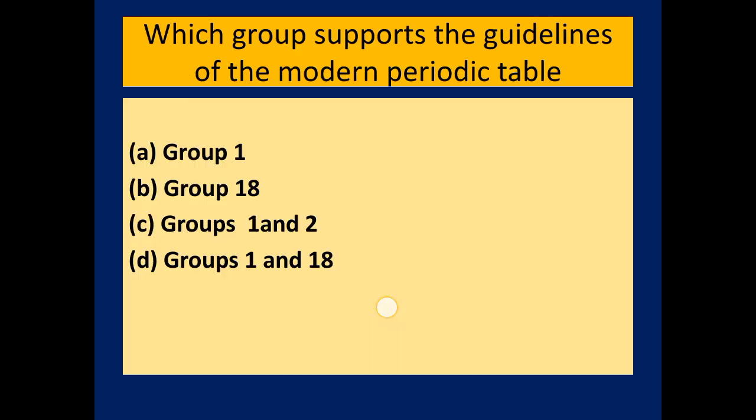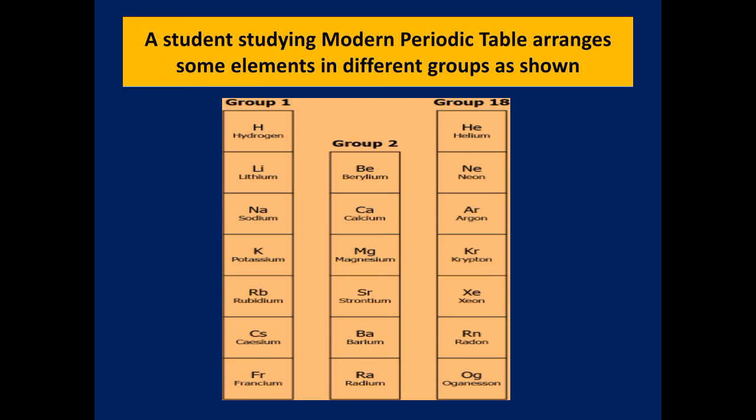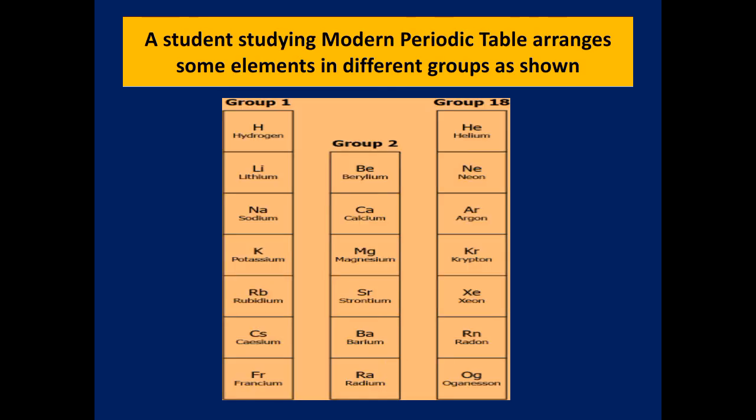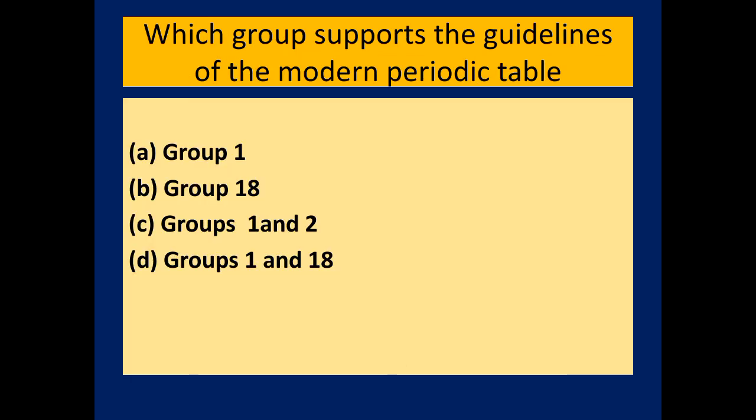Now the question is, which group supports the guidelines of the modern periodic table? The options are: group 1, group 18, group 1 and 2, and option D, group 1 and 18.